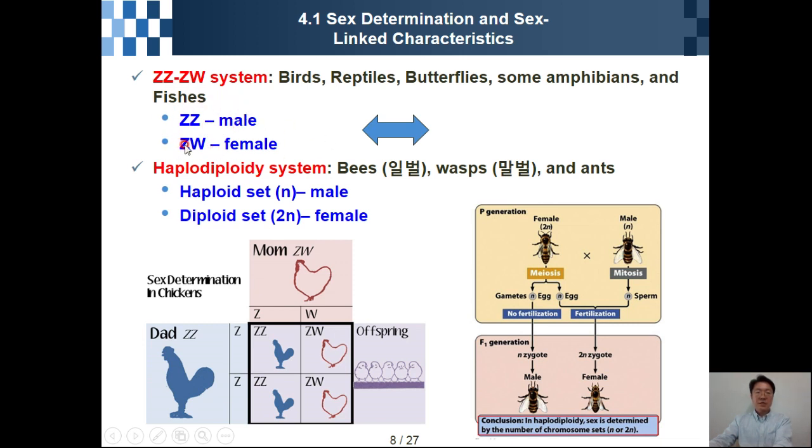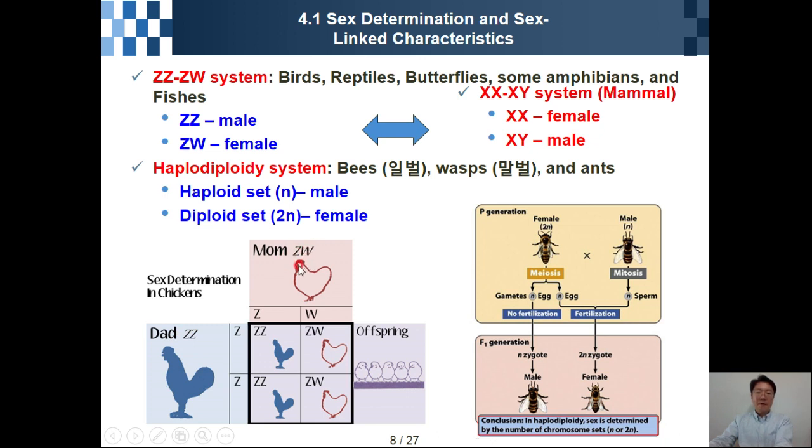So this one is exactly opposite to the XX and XY system in mammals, where XX is female and XY is male. This is one example of the ZW system which occurs in birds. So this is a chicken, where dad, the father, is ZZ, and mom is ZW.